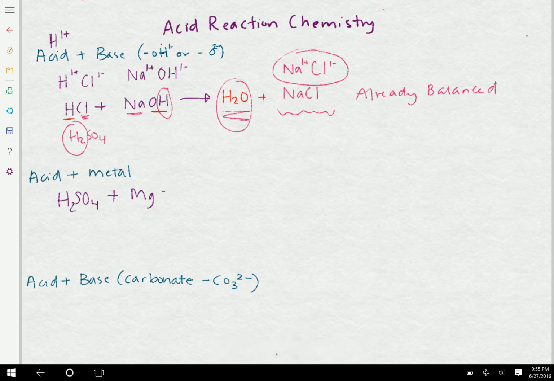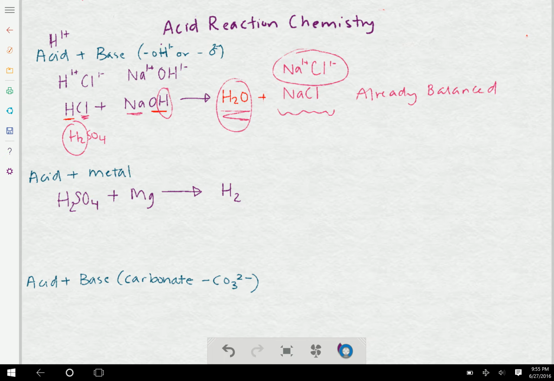It would lose those 2 electrons in its valence shell quite easily. So what I form whenever I have an acid and a metal reaction is hydrogen gas, which we remember is always going to be diatomic when it's on its own. One of the lucky 7: hydrogen, nitrogen, oxygen, fluorine, chlorine, bromine, iodine, the magic 7.